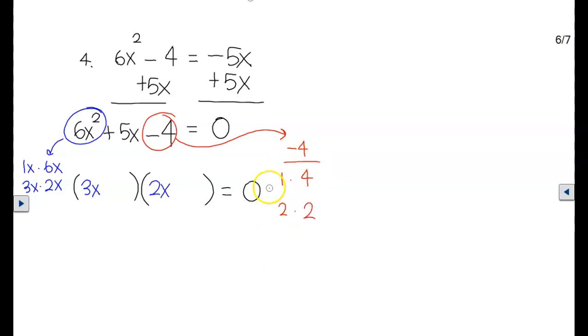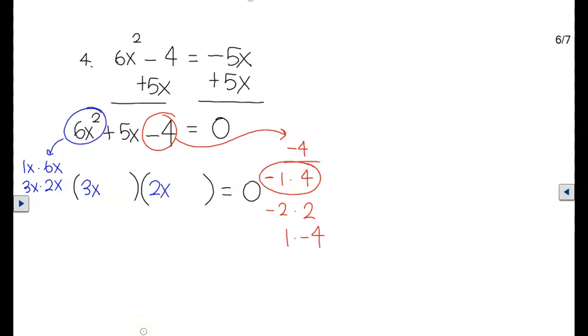Since it's negative 4, one number needs to be negative, so I could do negative 1 times 4, negative 2 times 2, or I could do 1 times negative 4. Now I've got to guess between these. I think I'm going to go with the negative 1 and the positive 4.